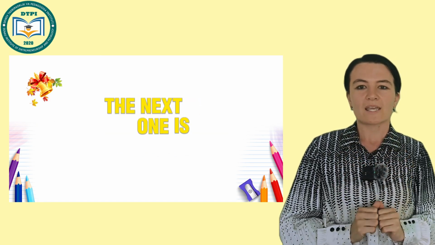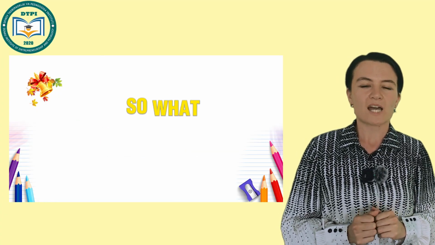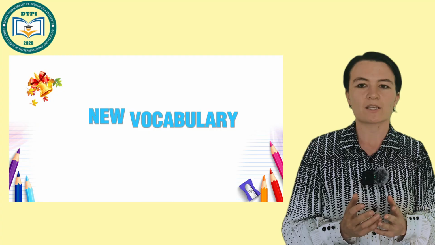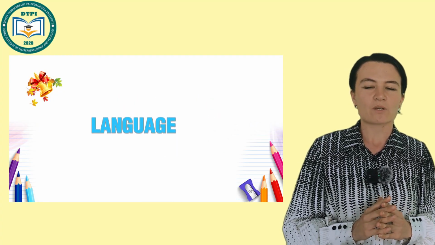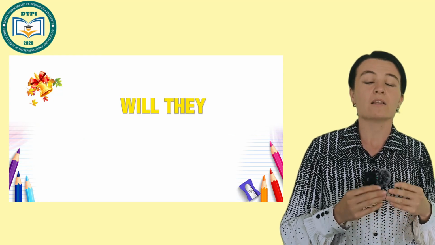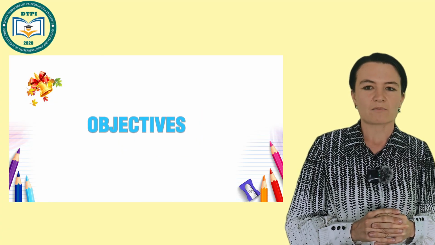The next one is the language objectives. For example, what kind of grammar and new vocabulary words, or functions of the language skills will our students learn, right? The next one is the skills objectives, right?